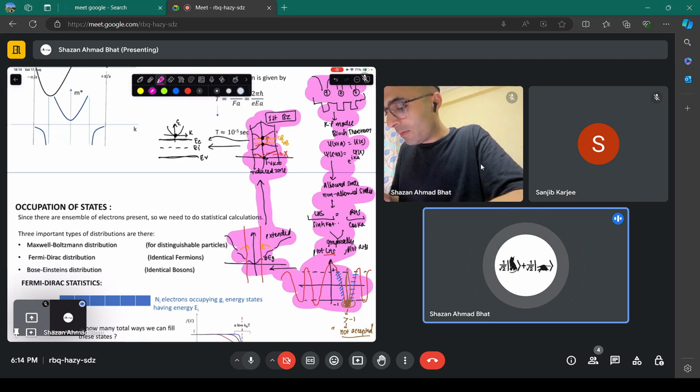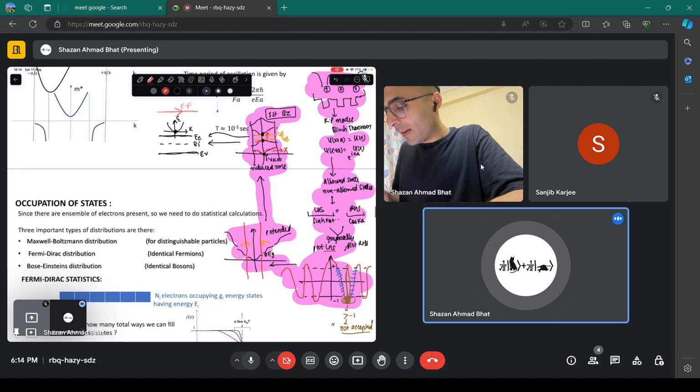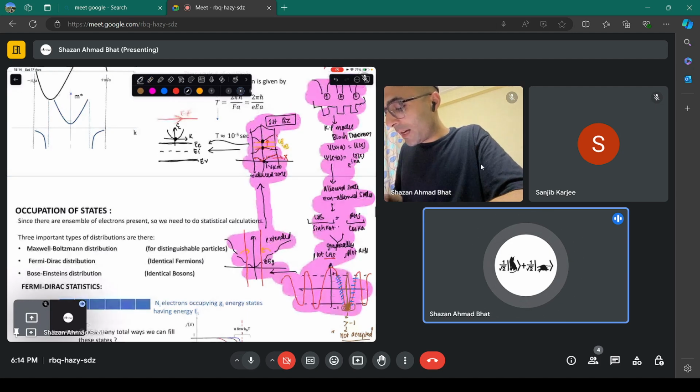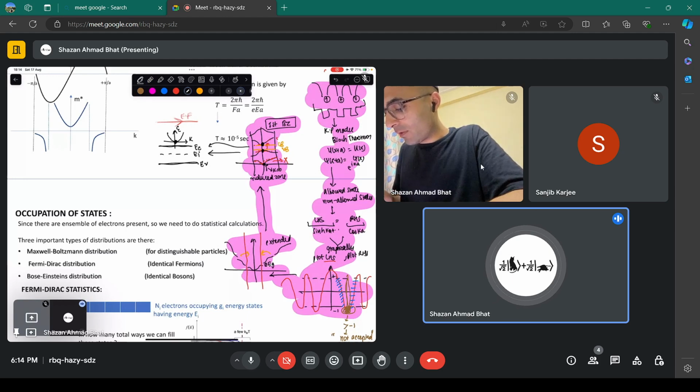Whenever you apply an electric field, let's say we have applied the electric field in this direction, what is going to happen is that these bands are going to bend. Because you have applied a certain electric field, the electrons are going to respond. So if the electron is here, the force applied on the electron is minus qE, so it will be opposite to that of the electric field.